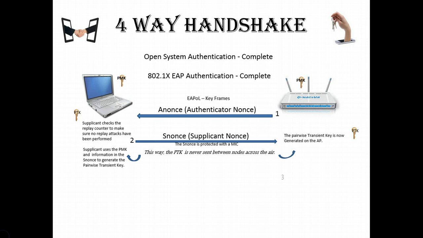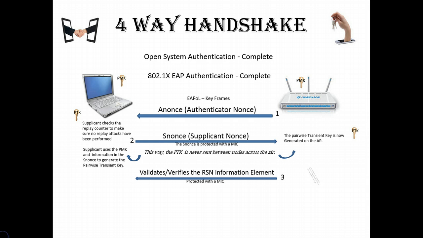Now, frame number 3 is basically a verification of the Robust Secure Network information element, and it's also protected with a MIC. But before we go any further, I'd like to bring in what is called a group master key, and the group master key is generated on the access point. This group master key is important because it generates a key called the group temporal key.